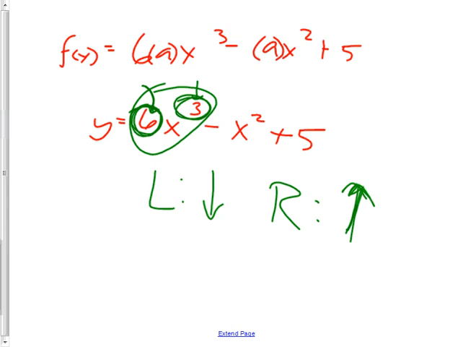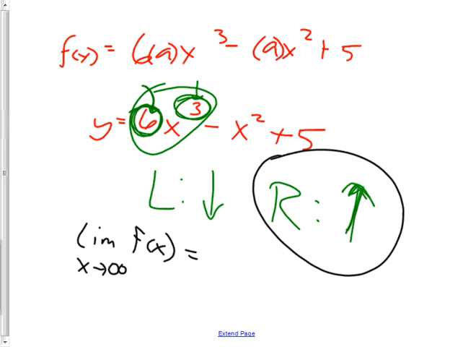Now that I know that, I can actually write a limit for it. Because it asked me to write the limit notation for the end behavior of the function. I'm just going to write one of them because they take a long time to write. Limit of the function as x approaches, I'm going to do the right, that would be as x approaches infinity.